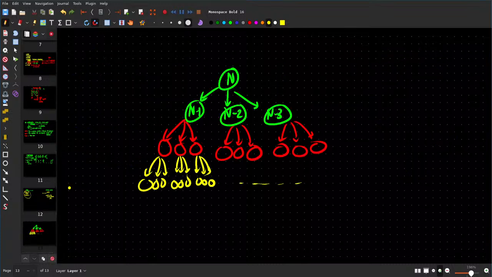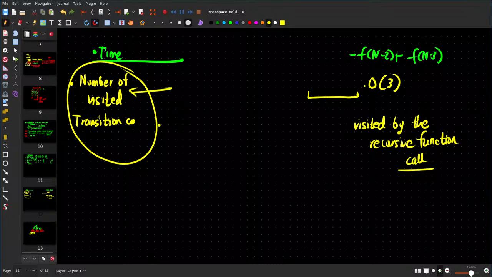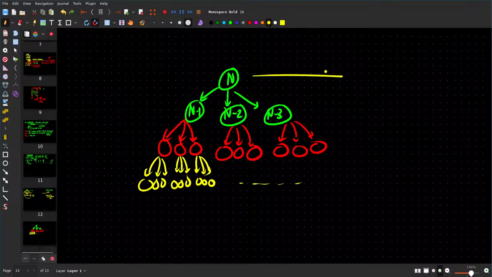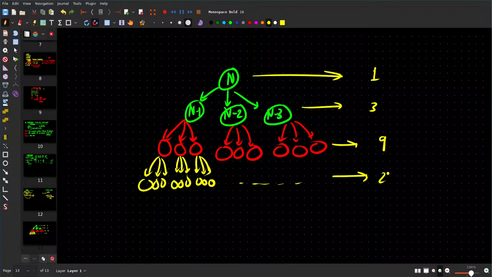Now notice first, let's try to find out the number of states that are visited, and the transition cost is 3 because there are 3 transitions. So finding out the number of states would be the same as finding out the number of nodes. In this we have only one node, in this we have 3, in this we have 9, because each of them will be multiplied by 3, and those many nodes would be new states. And this would be 27, this again would be 27 times 3, and so on.